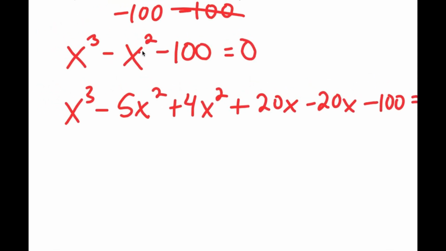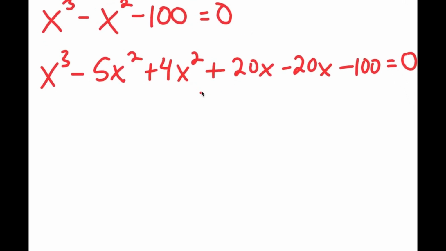The reason I did this is because 5 times 4 is equal to 20, and we want to make this factorable, so we need to have two terms that, when added, make negative 1, and when multiplied, make 20.